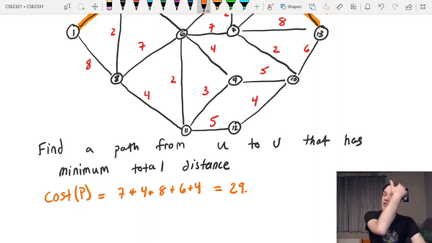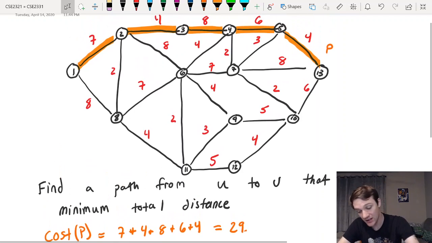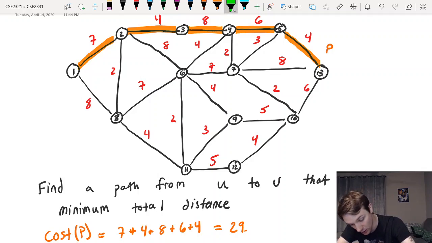Is that the path with the minimum cost, though? It's not obvious that it is. So let's try and check out some other paths and see if we can do better. Let's try another simple, obvious looking one. Maybe go along the bottom.